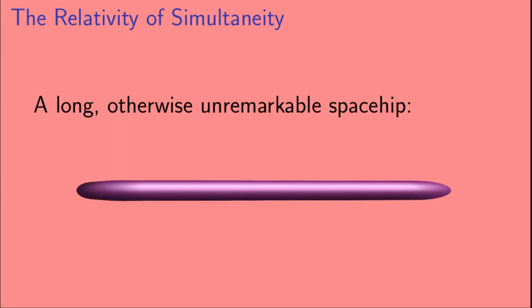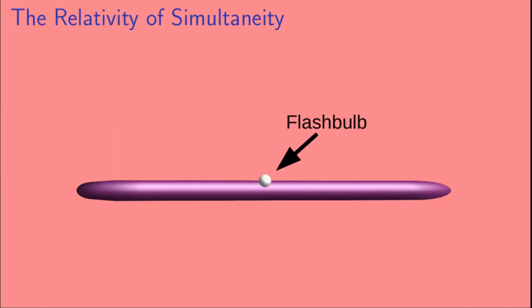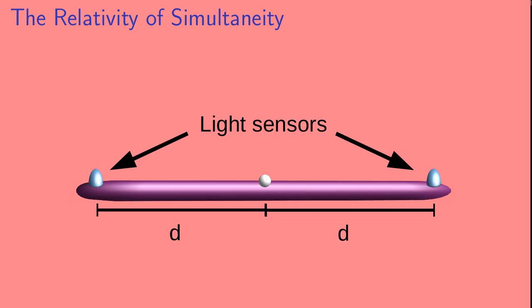Okay, so let's say we have a rather long spaceship. It is at rest in an inertial frame. In the middle of the spaceship is a flashbulb. On each end of the spaceship is a light sensor.